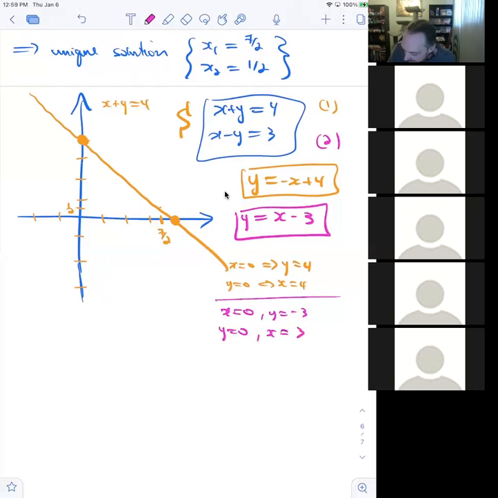So that will give me the point 0, -3, and 3, 0. And look at where they intersect, right at our unique point, 7/2, 1/2 is their intersection point.